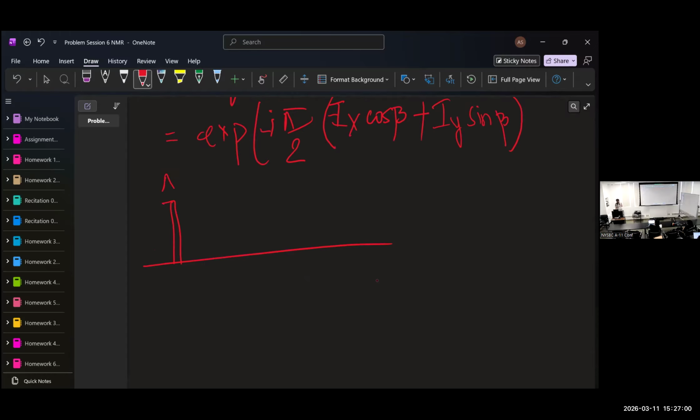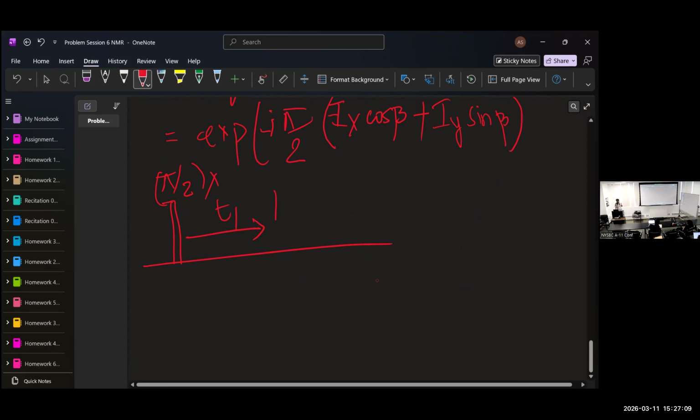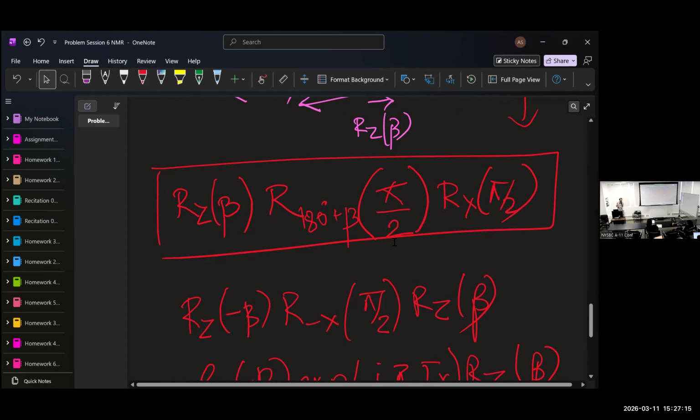It starts of course with a pi by 2 x, and then a t1 for the indirect dimension, and then you have this beta y. Now that gets replaced by this. So what does that look like? And remember, you read from the right.